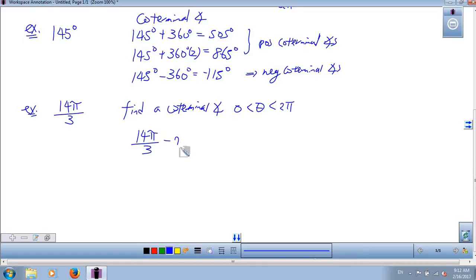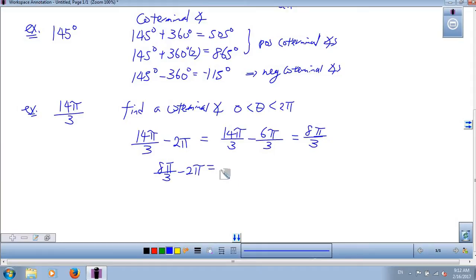So what we have to do, if it's more than 2 pi, then let's subtract 2 pi and see what happens. Now, when we subtract fractions, we have to make sure the fractions have the same denominator. So it will be 6 pi over 3, that's 2 pi. So it will be 8 pi over 3. Then let's ask ourselves, is 8 pi over 3 greater than 2 pi? I think it is. So let's take 8 pi over 3 and then minus 2 pi one more time.